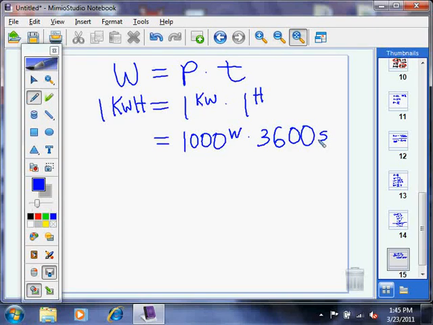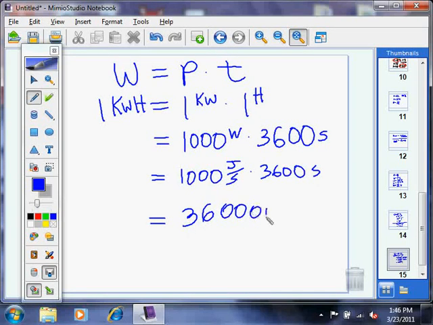So basically, it's going to be 1,000 joules per second times 3,600 seconds. And what do we get? 3,600,000 joules. So 1 kilowatt hour is 3,600,000 joules. You heard it here first.